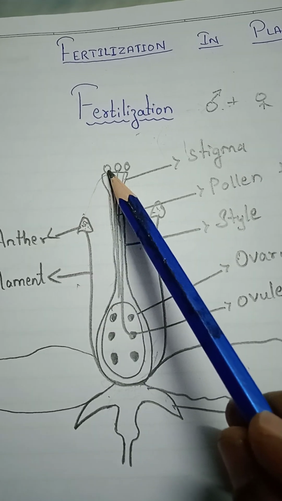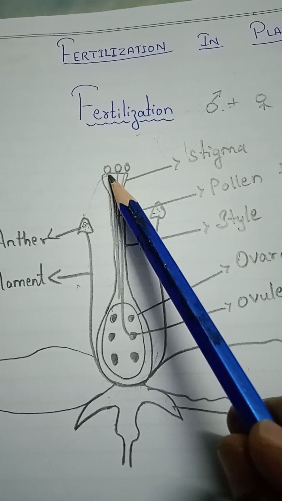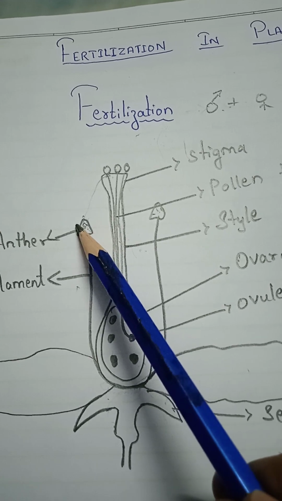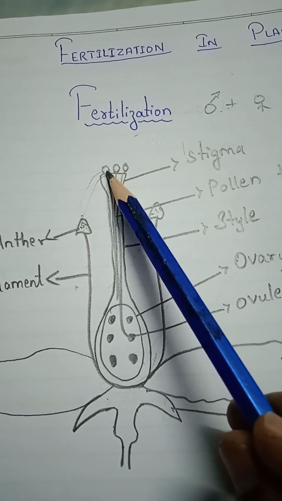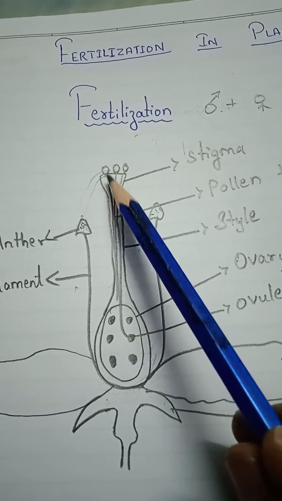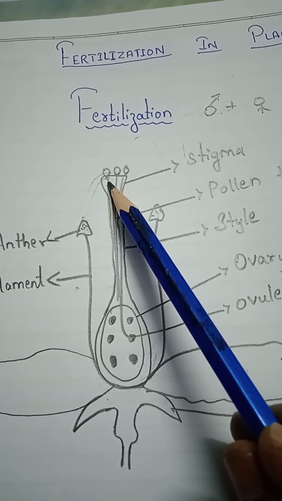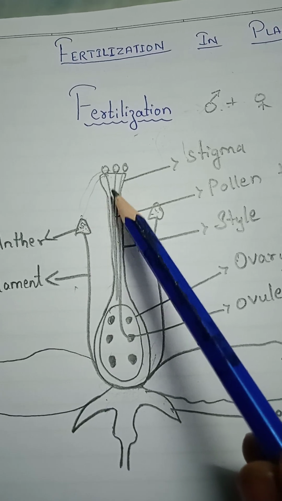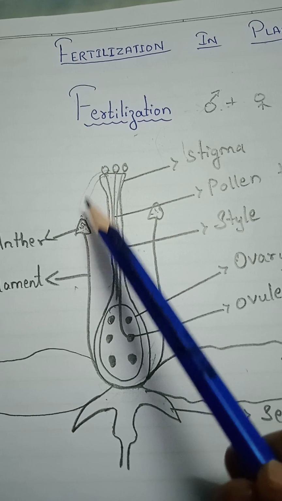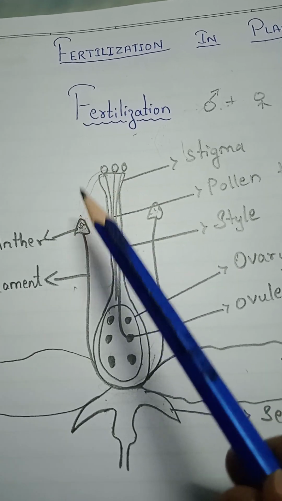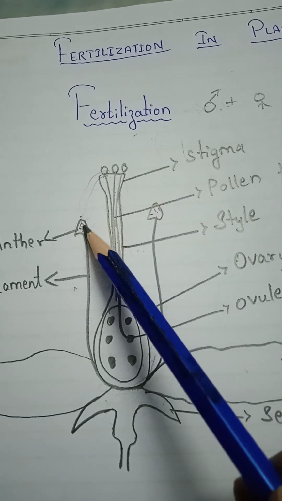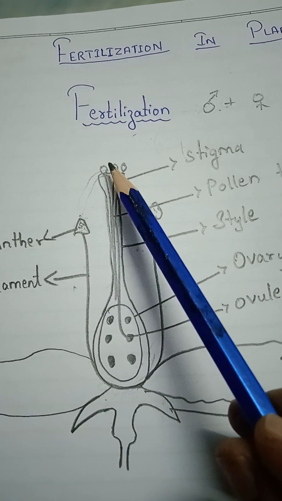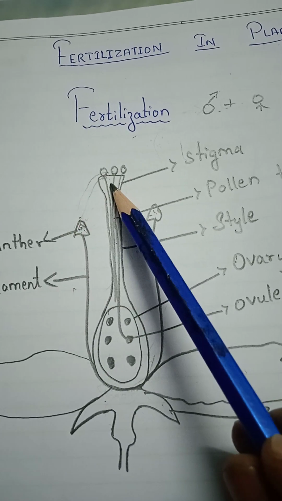The pollen grains land on the stigma of the female reproductive part of a flower of the same kind or species. We have studied in pollination how pollen is transferred from flower to flower, from the anther to the stigma.